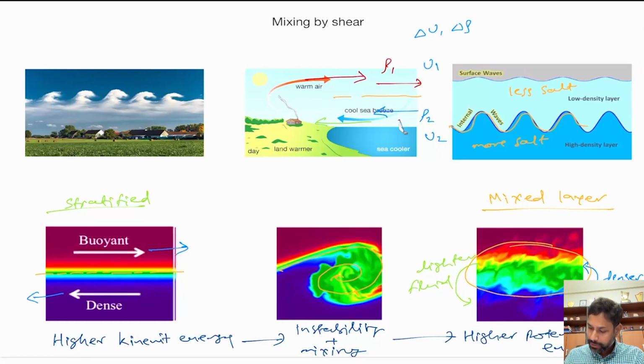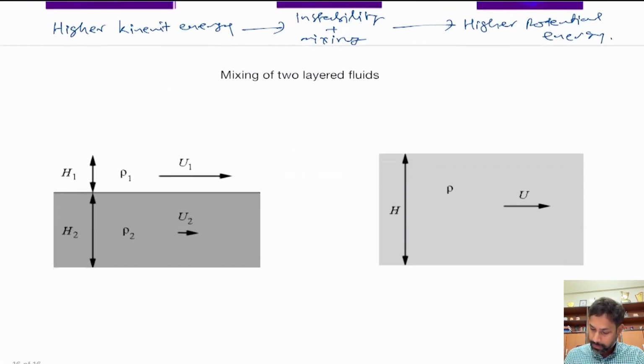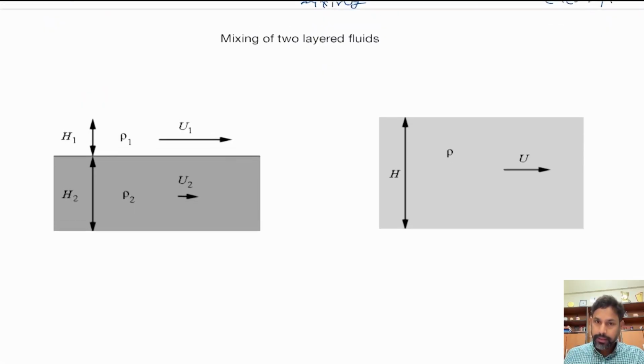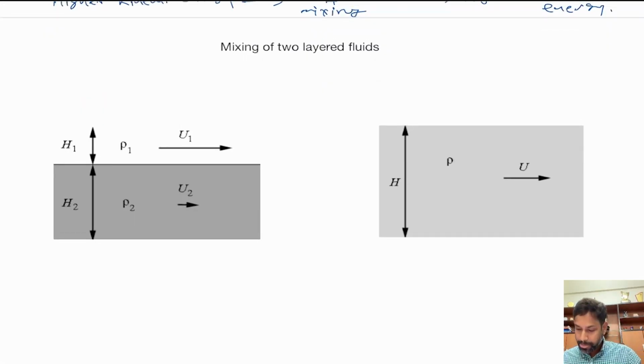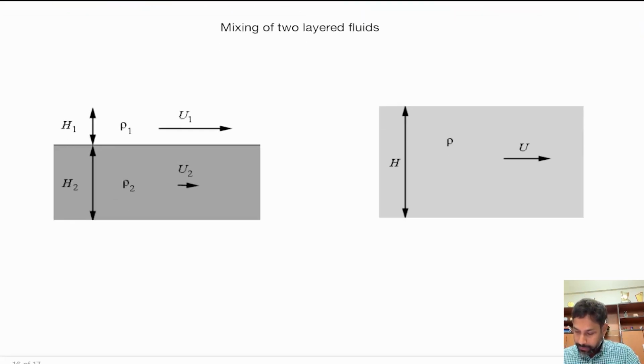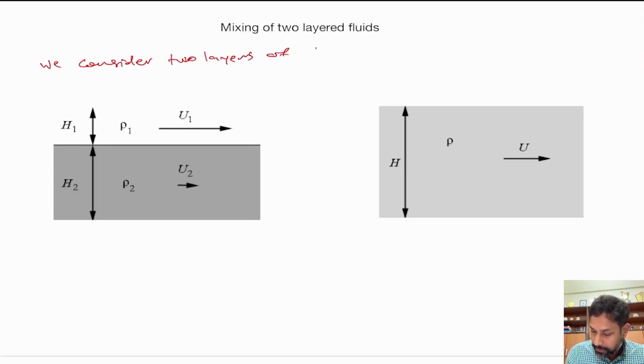So today we are going to analyze one simple case of mixing in case of a shear flow, right? And that is this particular case we will start with, where we consider two layers of fixed depths.